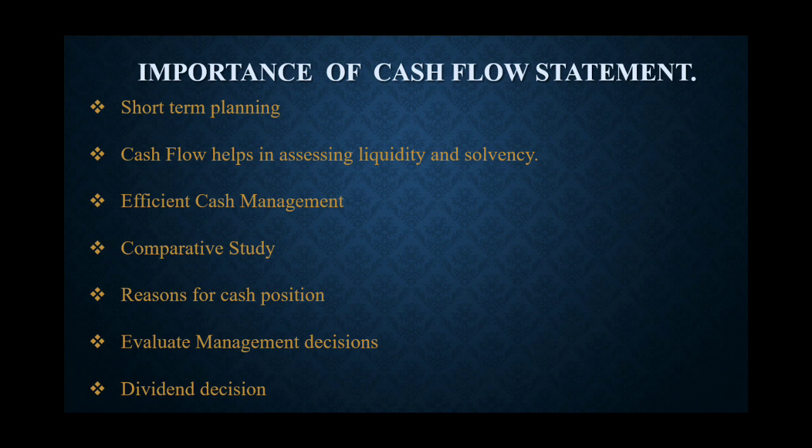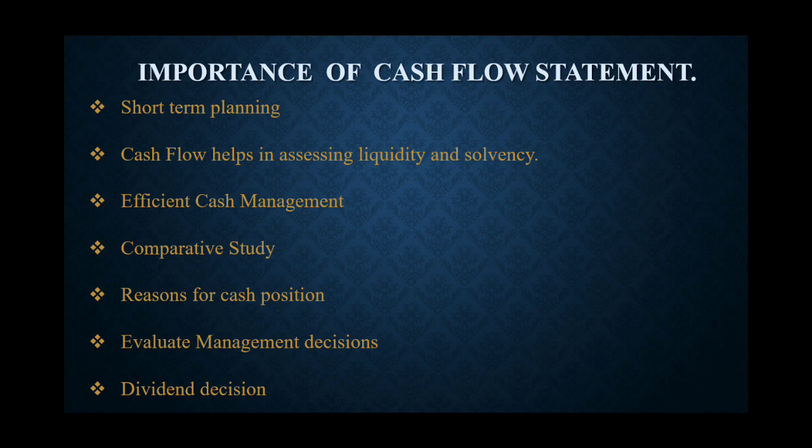The last importance is dividend decision. It is a very important decision from the point of view of any company or organization, because dividend is given to the shareholders from time to time during the year and at the end of year. So before taking the dividend decision, a finance manager has to keep in mind the availability of cash.